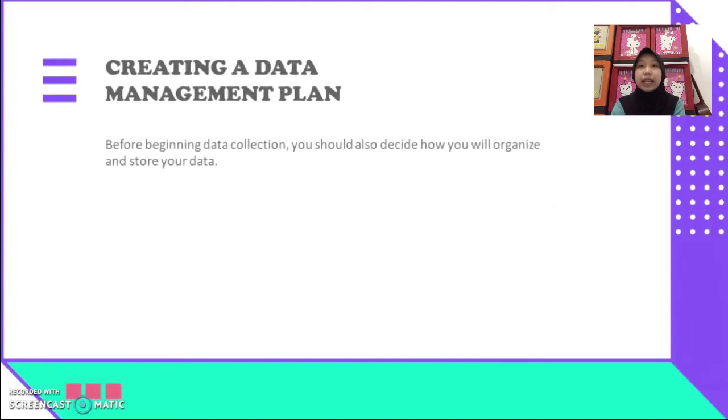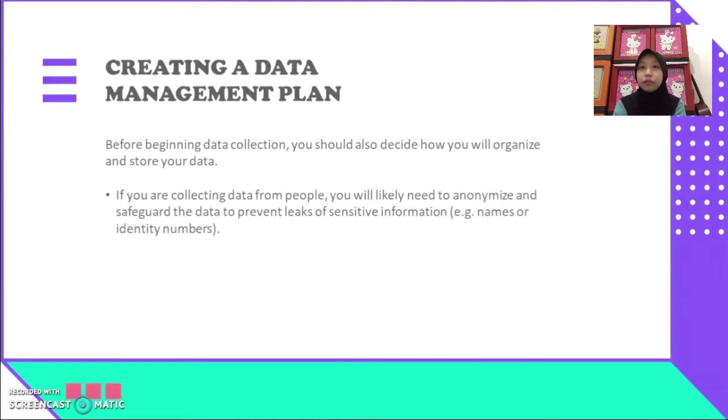Next, creating a data management plan. Before beginning data collection, you should also decide how you will organize and store your data. If you are collecting data from people, you will likely need to anonymize and safeguard the data to prevent leaks of sensitive information. Example, names or identity numbers.